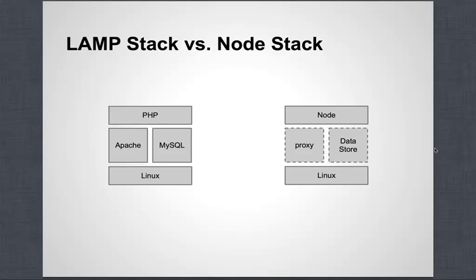Proxy. So here's one thing that Node is not good at. It's really not good at gzipping and compression, like static files. So it's not really something that you want to be serving JavaScript or CSS or images with.